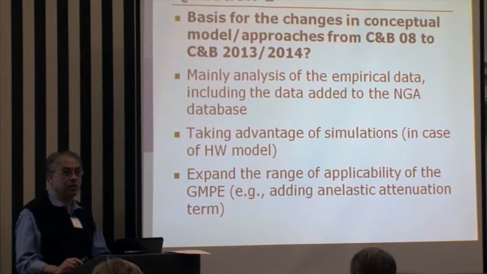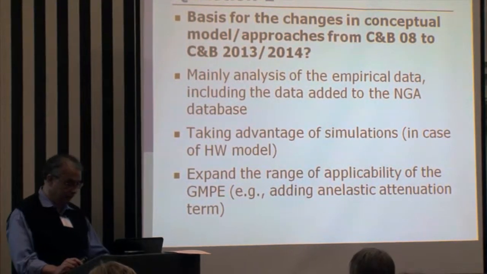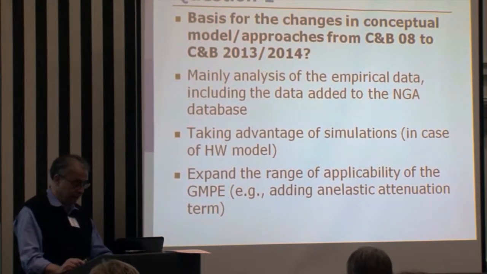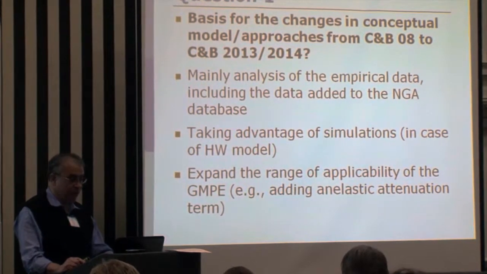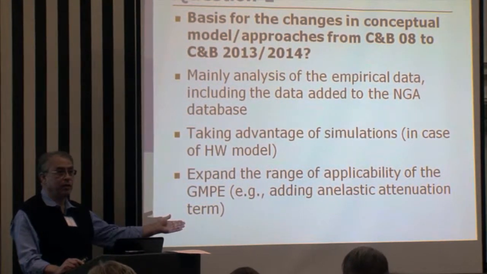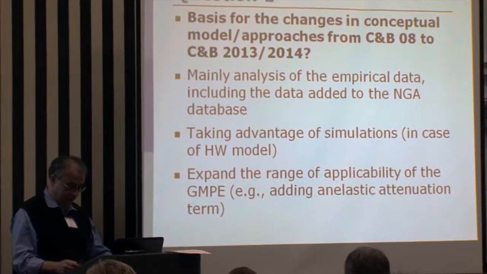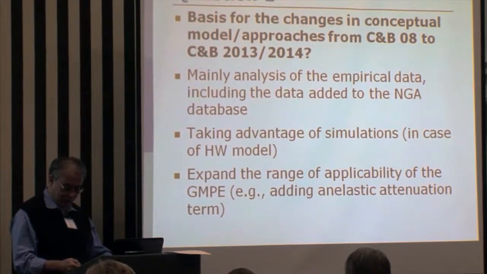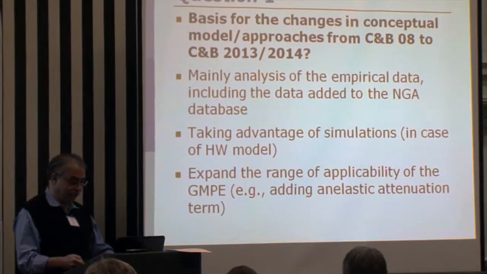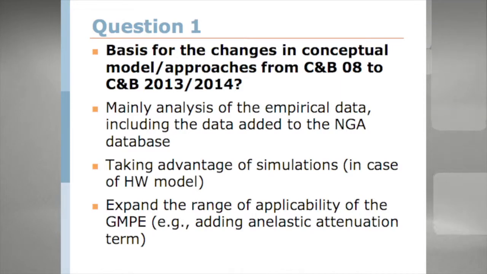We took advantage of simulation for hanging wall, but we adopted it with the empirical data also. We also changed the range of applicability of the model. For example, we added anelastic attenuation that we didn't have in 2008. That's why in the figures that Nick showed, 2008 over-predicted at large distances. Now we are doing a much better job.